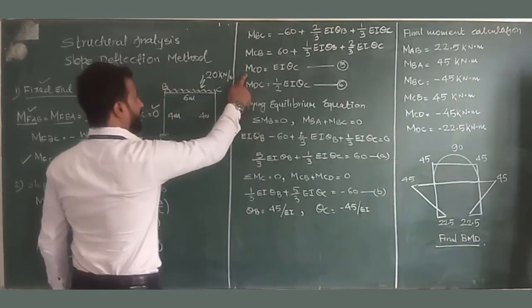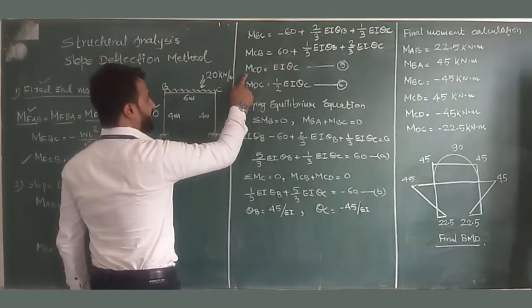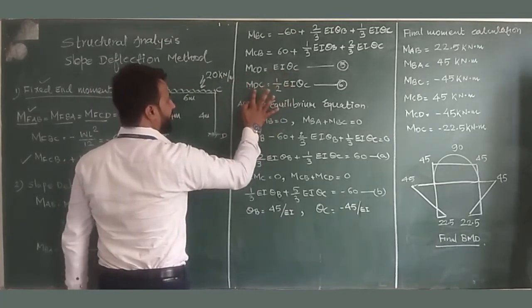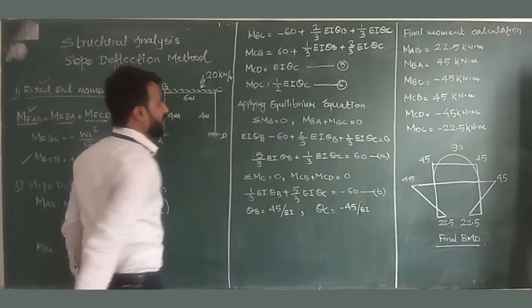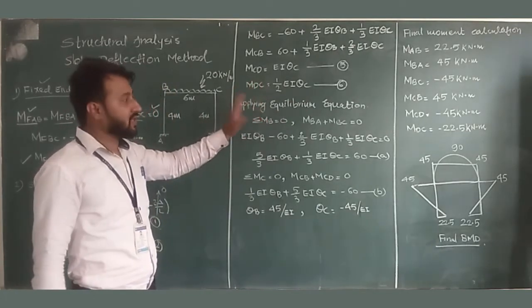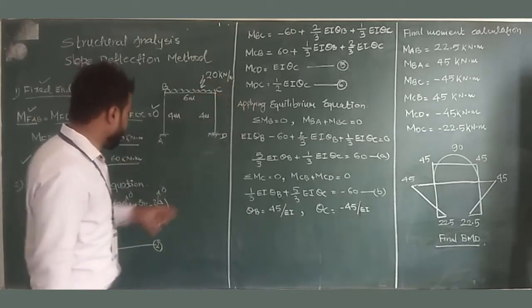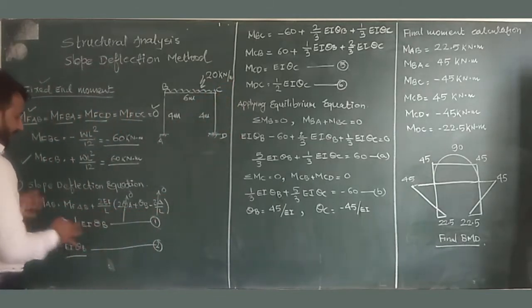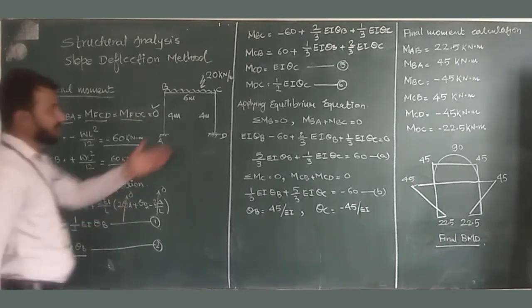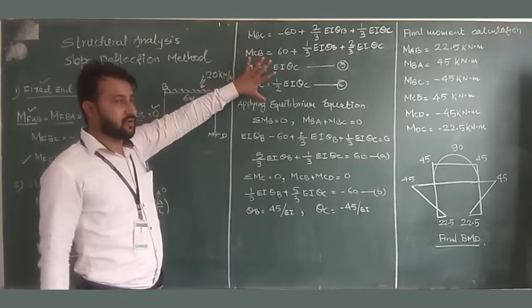Now move to the next member, that is member CD. Moment CD we are getting as EI theta C and moment DC as half EI theta C. I have written this equation directly, but in the examination you have to first write the general equation, and then by putting all the known values into the equation you will get the final equation which I have written.